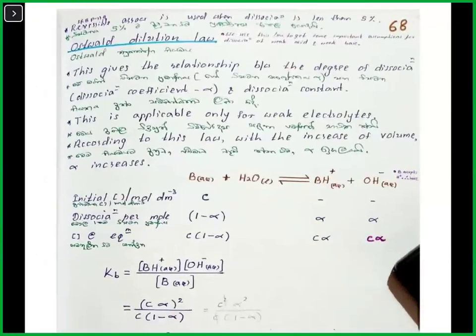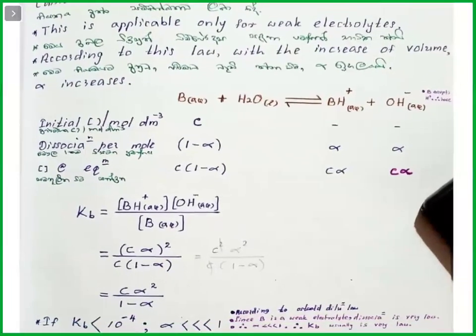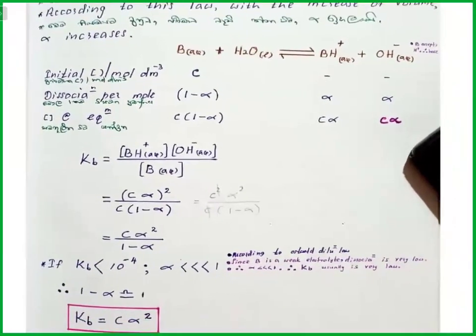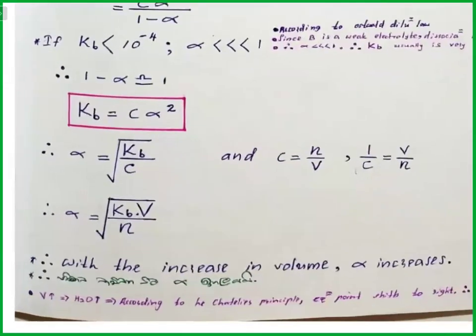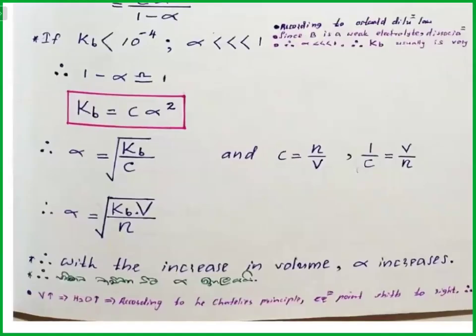Then Ostwald dilution law. This says when diluting more and more, dissociation increases, but concentration decreases because volume is also increasing. Kb equals C alpha squared. Memorize these equations. For MCQs, you don't have to derive these.